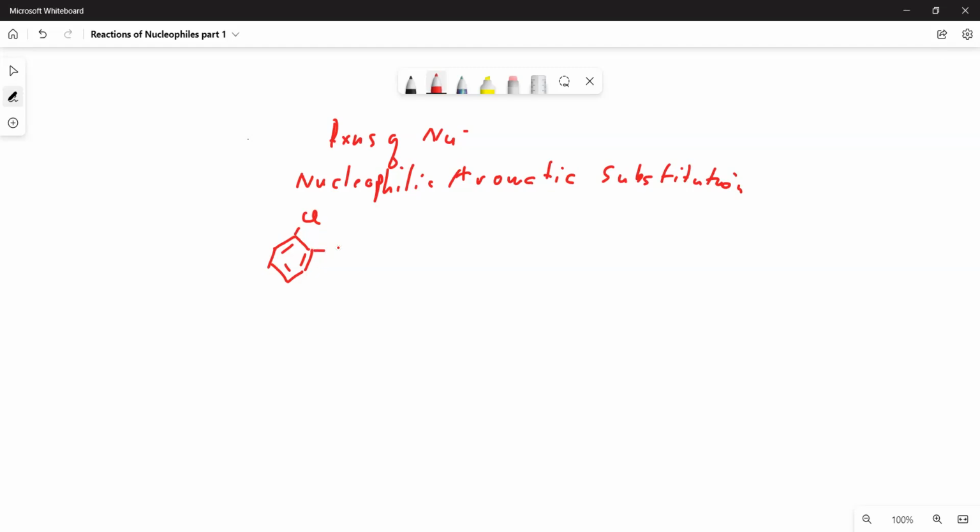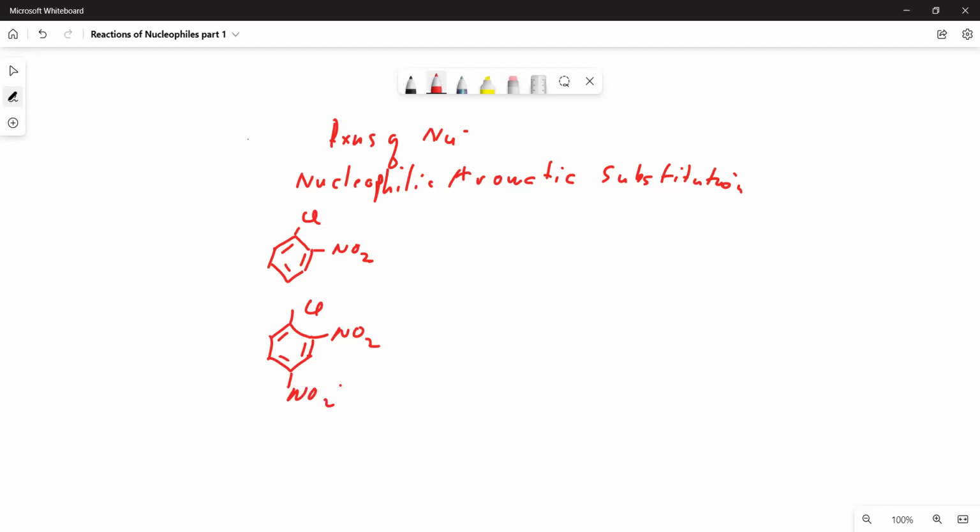So if you have, for example, an electron withdrawing here, nitro is a very good electron withdrawing group. No, compare that with two electron withdrawing groups. You have nitro here and another nitro here at the para positions.